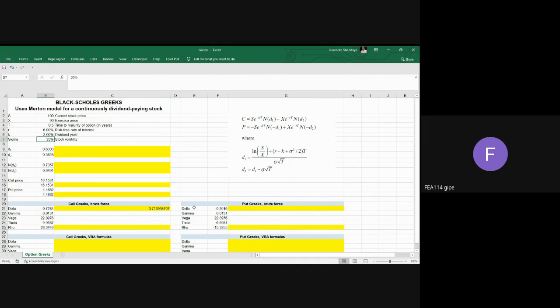Now, calculating D1 and D2 should not be a problem. But for the sake of class, I will calculate it once again.